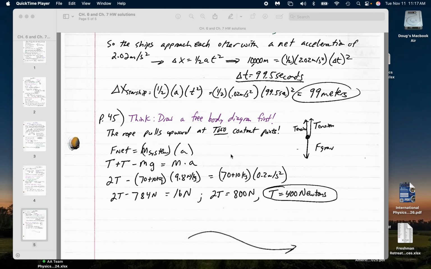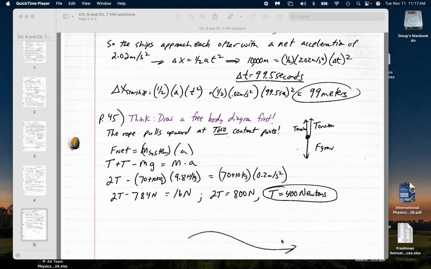What forces are causing that? Well, if I do my free body diagram here, there's two ropes pulling up, they each have a tension, and gravity is acting down. So I have tension of both ropes. I assume they're going to be equal since they're both vertical. Minus mg is equal to mass times that acceleration. So 2T minus 80 kilograms times 9.8 equals 80 kilograms times 0.2.